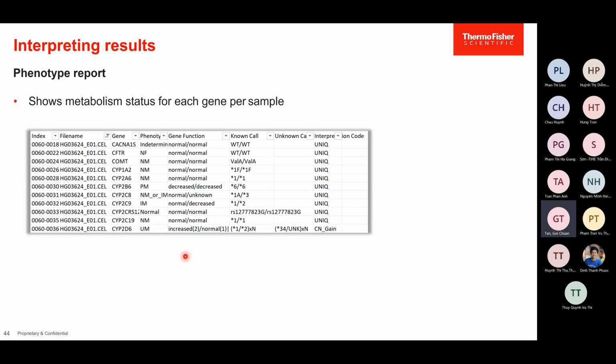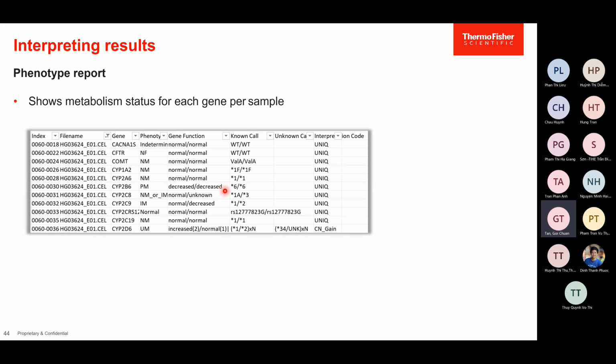Then the last thing is the metabolizer status in the phenotype report. This is how the phenotype report looks. We produce a list of reports, but the customer will usually jump straight to the phenotype report because this is the final report they need.